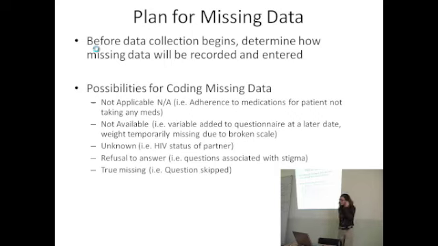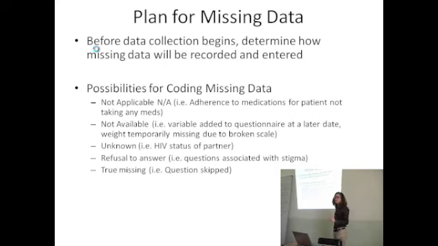Another category would be not available. If a variable is added to a questionnaire after the first revision, then you might want to code those data that were collected prior to when that variable was added as not available.